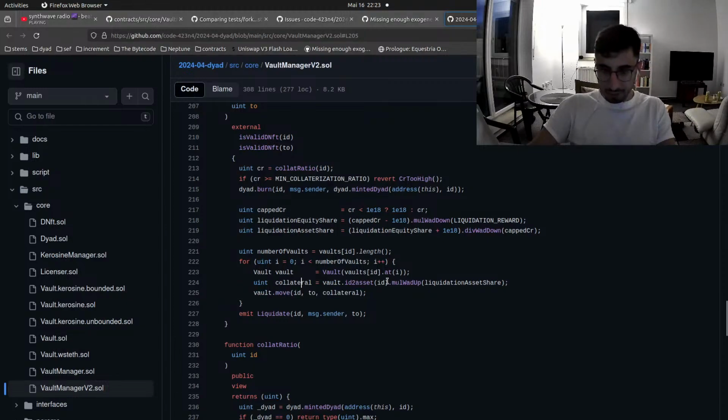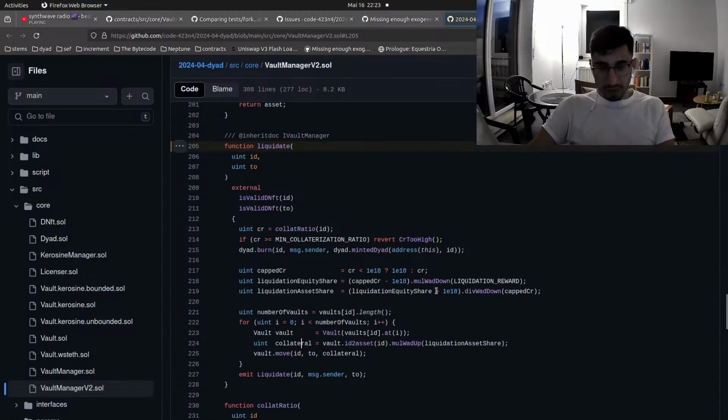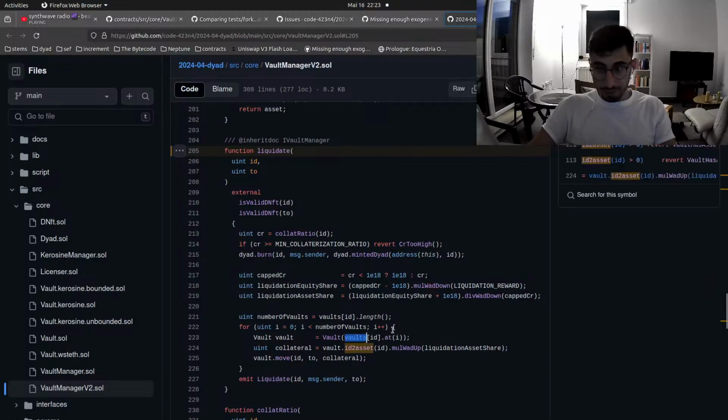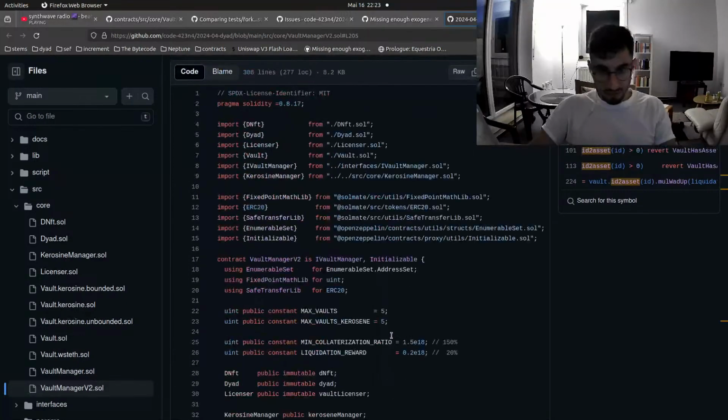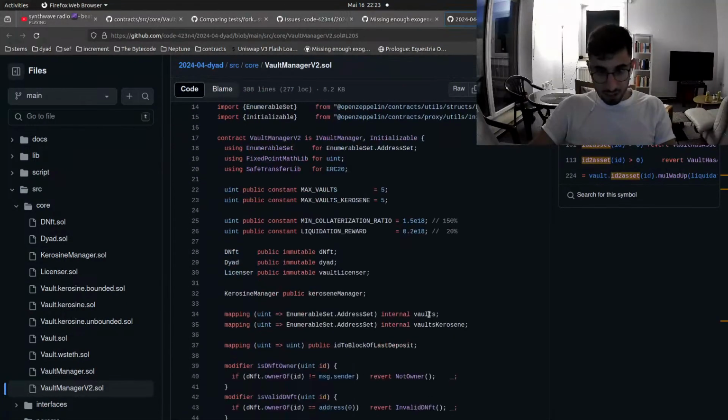The thing is, in this Code Arena version, we only do this for non-kerosene vaults, because we have vaults and we have vaults kerosene.